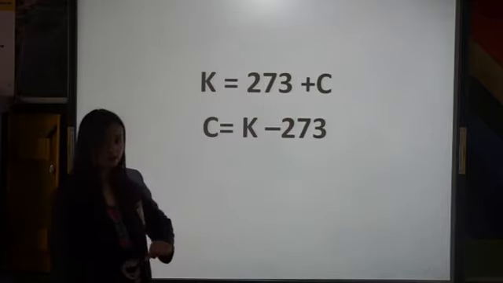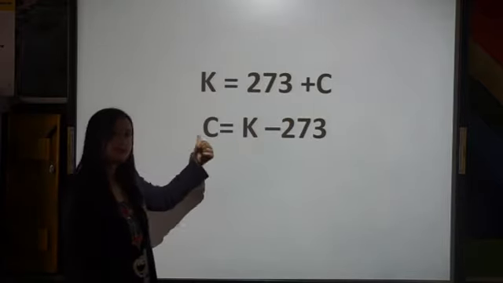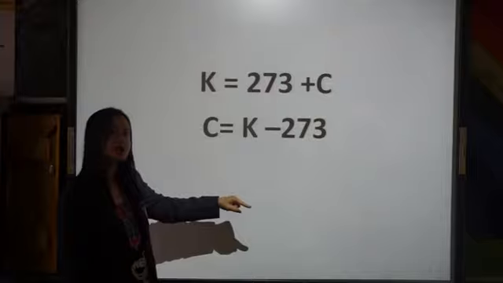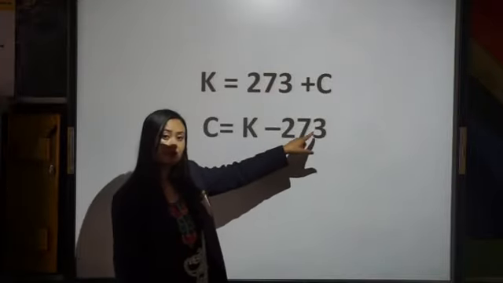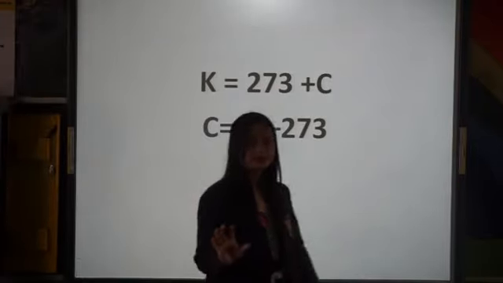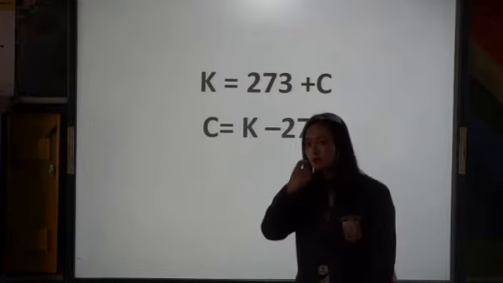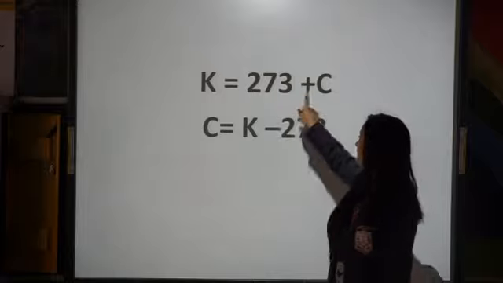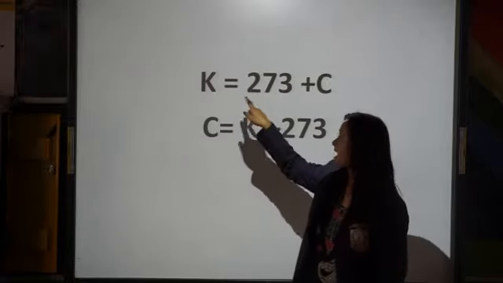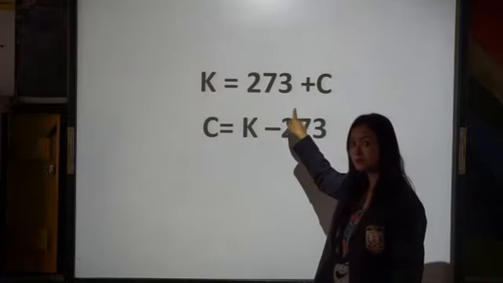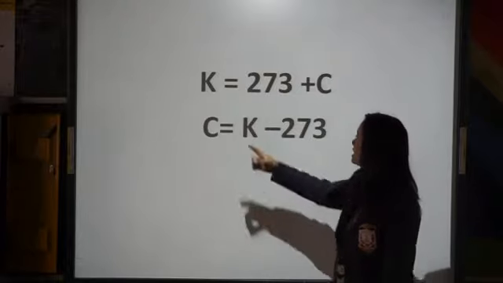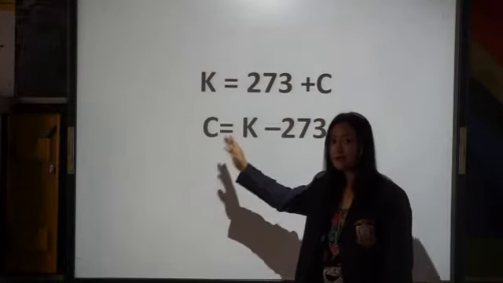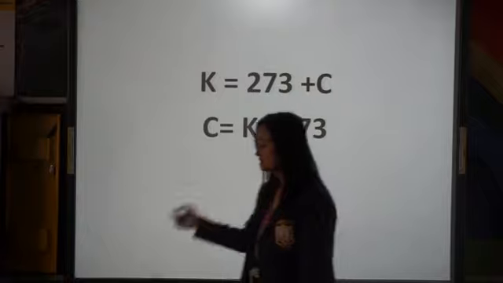And if you are converting Kelvin to Celsius, you simply have to subtract 273. Remember, this is a very important note. When you are converting Celsius to Kelvin, add 273. And when you are converting Kelvin to Celsius, minus 273.